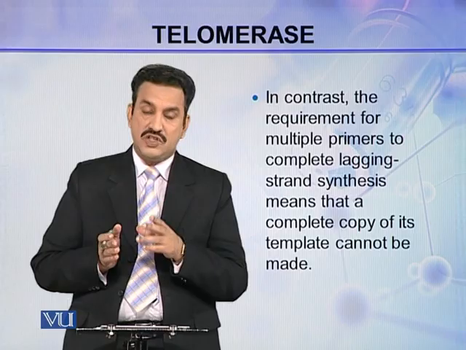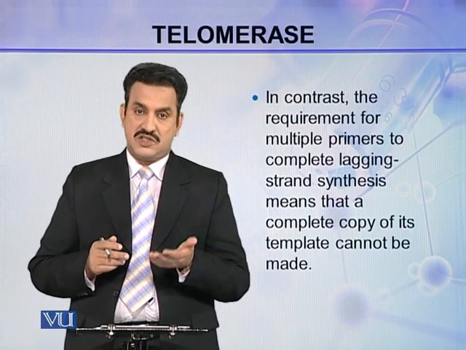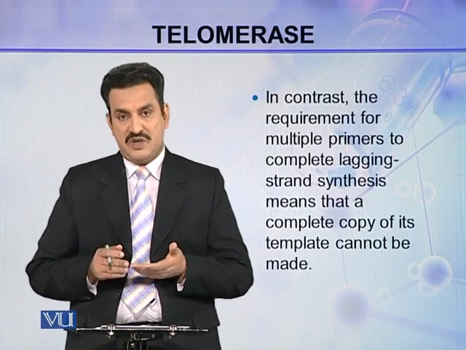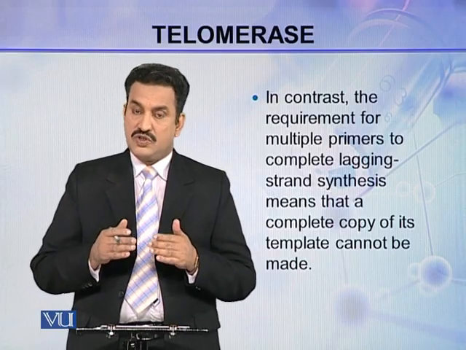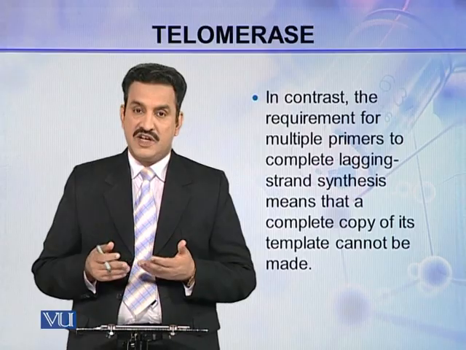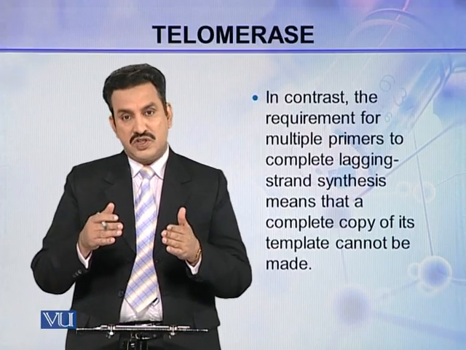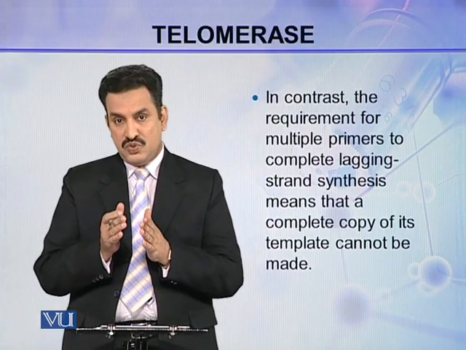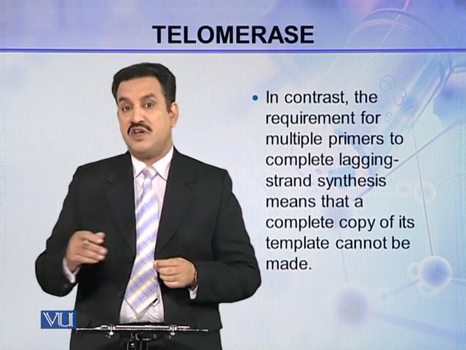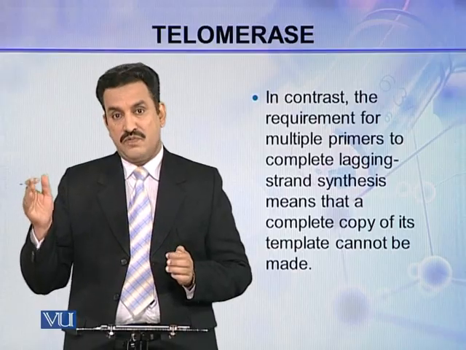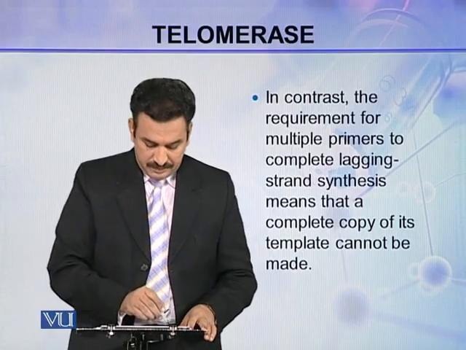For each Okazaki fragment, there is a separate, new RNA primer. So a number of RNA primers are required. Due to that requirement, the synthesis of a new strand along the lagging strand cannot extend up to the extreme end of the chromosome.